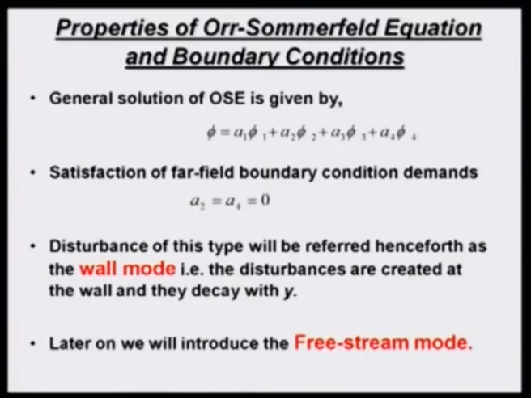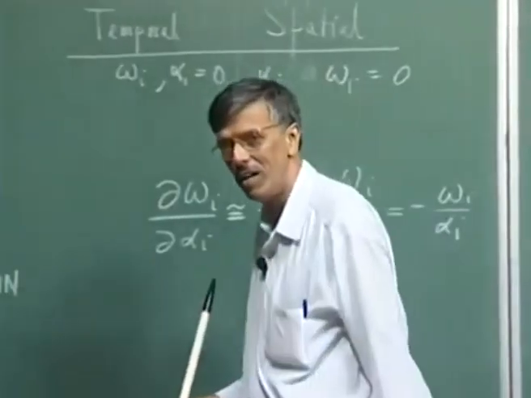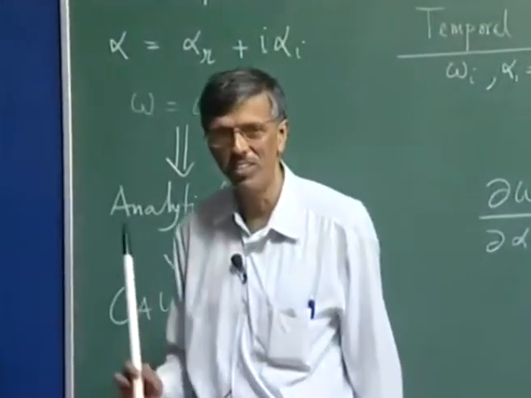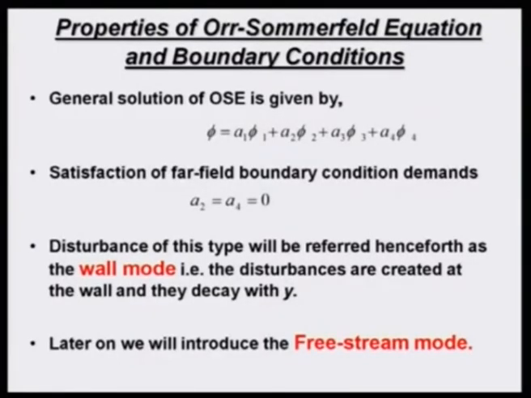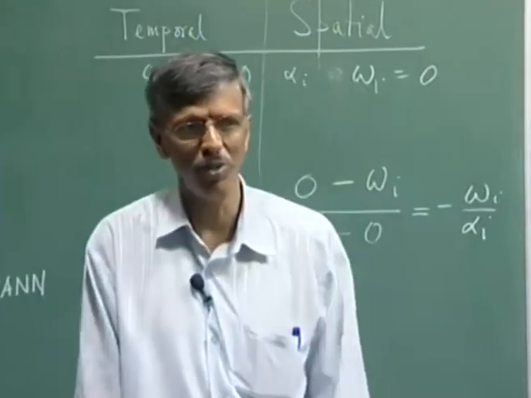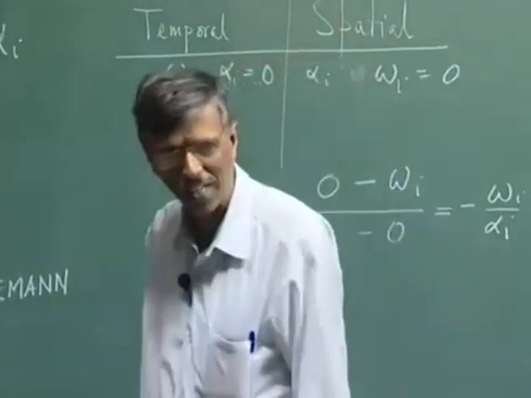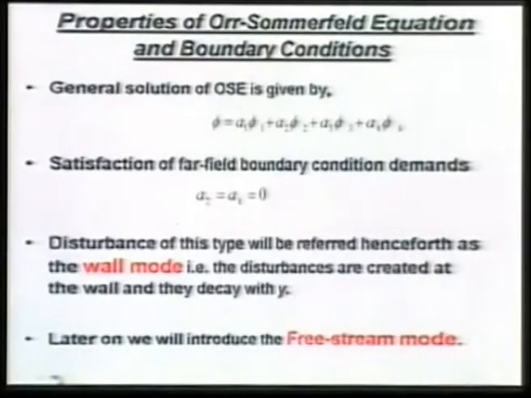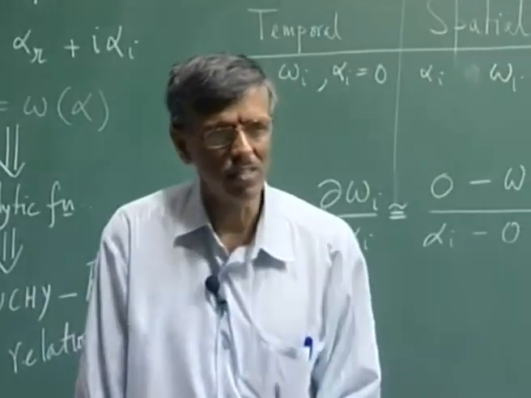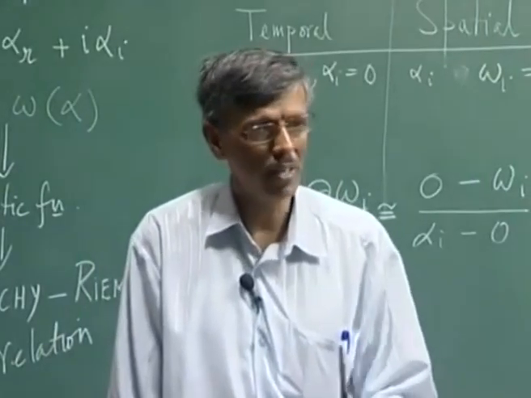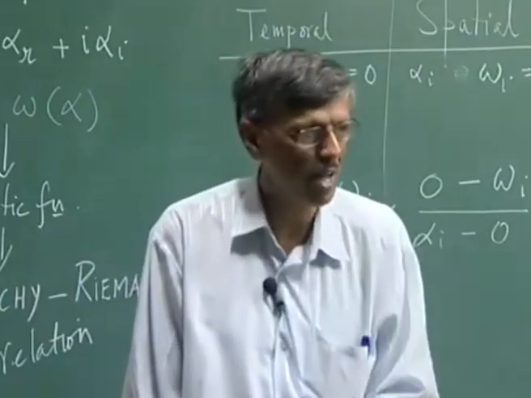Unfortunately, this is once again going to point out the drawback of mathematical physics stability theory. Stability theory does not distinguish between the two, right. There you simply talk about homogeneous boundary conditions at the wall and at the free stream. But if you do that, you miss this part, because here what you are saying is that as y goes to infinity, the disturbances do not decay, but they do attain a finite value, the one that you are prescribing, right.